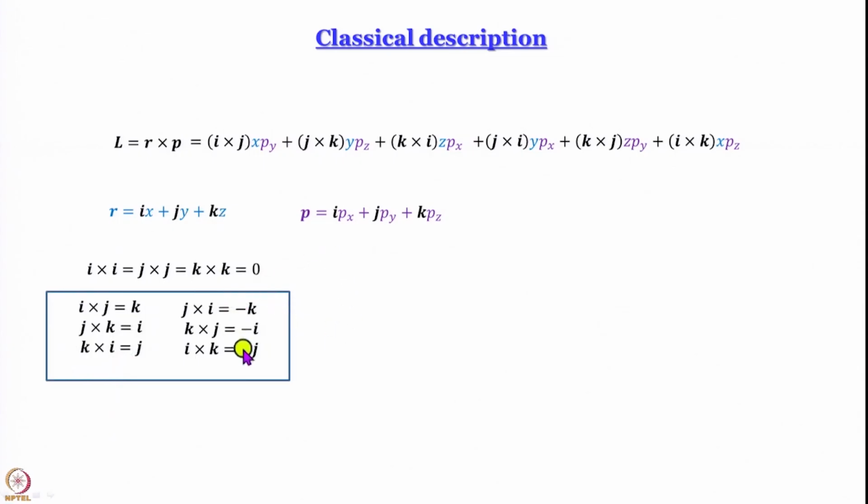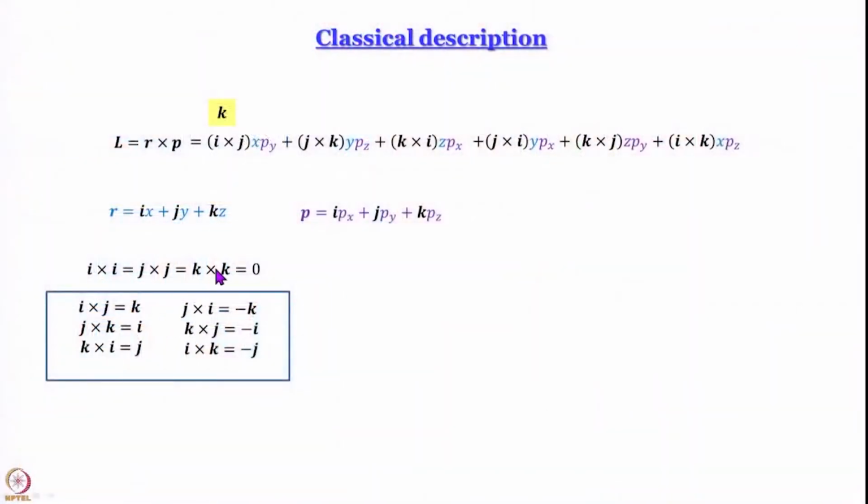If you take them in reverse cyclic order, instead of i cross j you write j cross i, it just becomes minus k, okay. x y z it becomes minus z, something like that. k cross j is minus i and i cross k is minus j, okay. These are very standard things that one learns while studying the chapter on vectors in higher secondary mathematics. Good. So, let us start substituting.